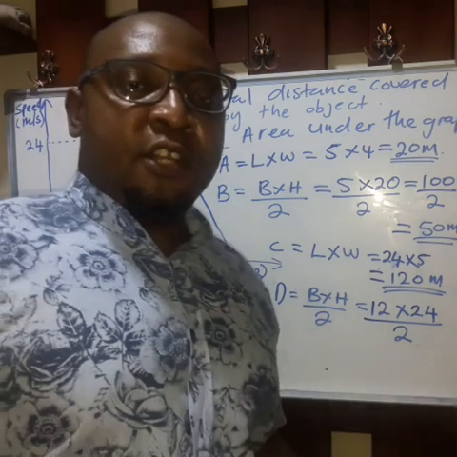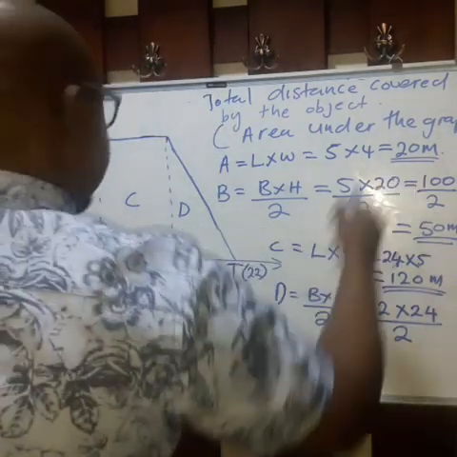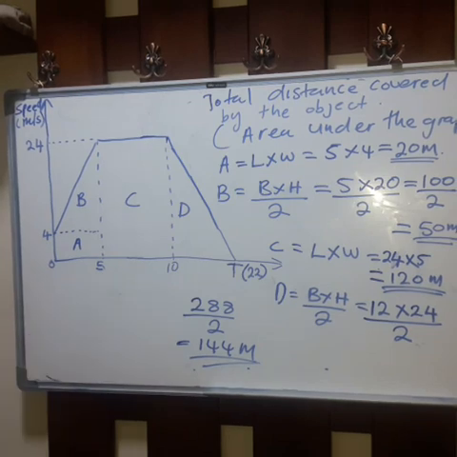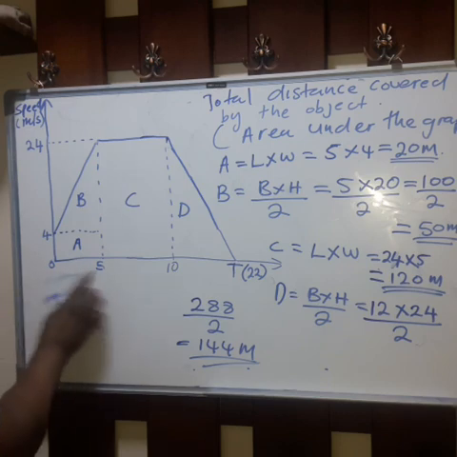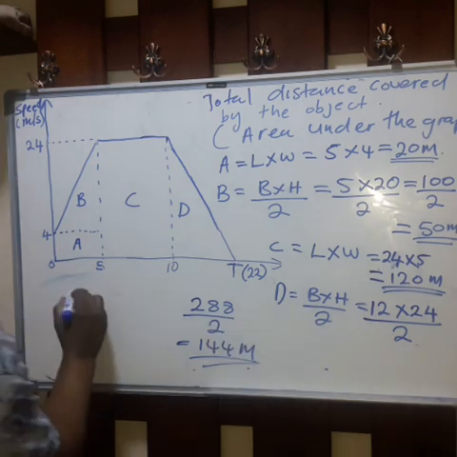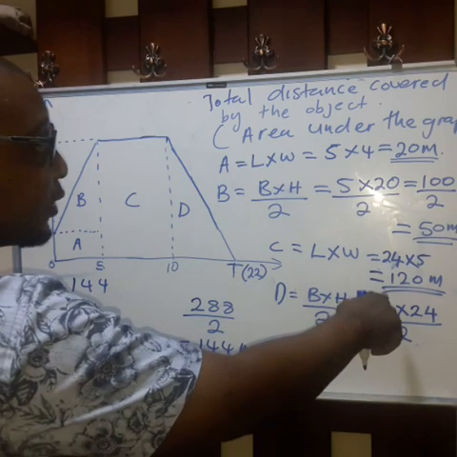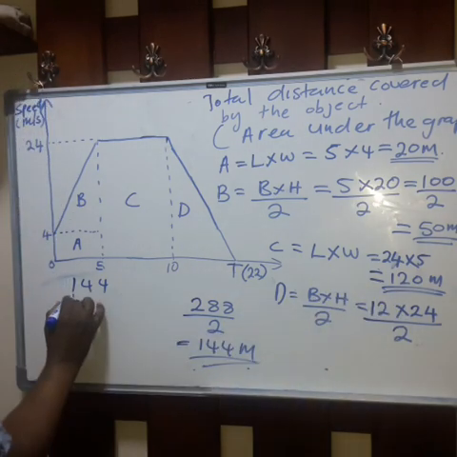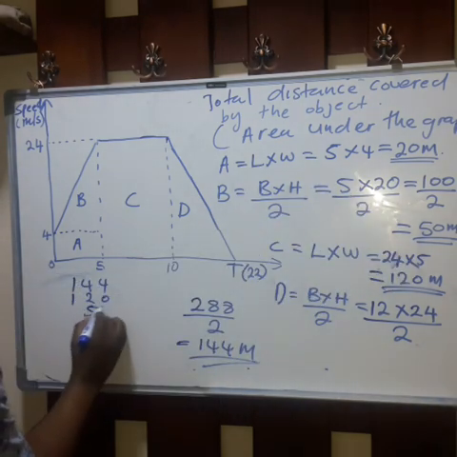But we need to calculate the total distance, so we need to do some addition. The first distance we calculated, A, is 20. Let me start with the big one, right? The 144, we have got this distance. Then we have got another distance of 120. We have another distance of 50.